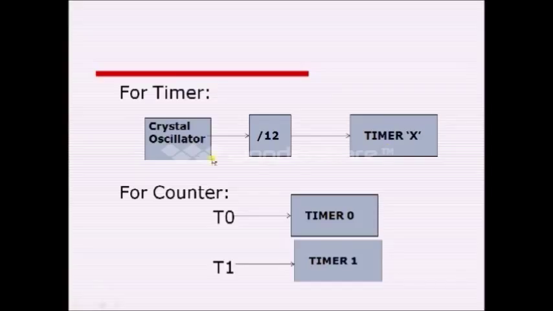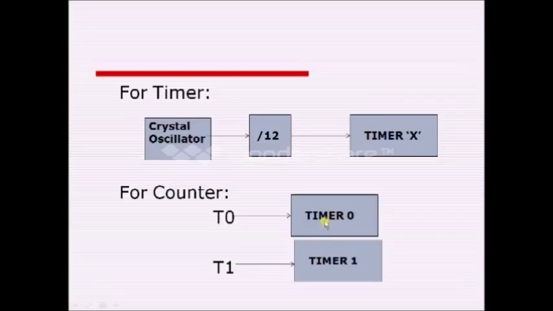Now, if I'm using it as a timer, it counts the internal clock pulses. If I'm using the same timer peripheral as a counter, then timer 0 receives the clock signal from the T0 pin, which we have already seen, and timer 1 receives the clock signal from the T1 pin.